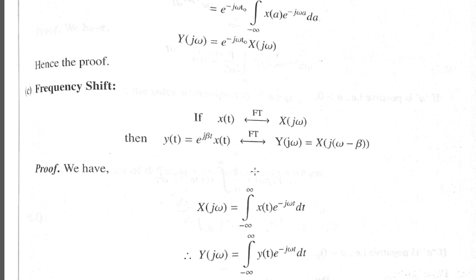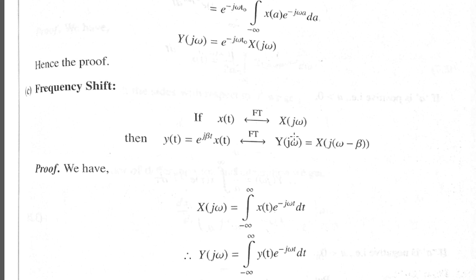So we need to remember these properties in correlation. If it is for Fourier series, we can derive the Fourier transform as well as the discrete time Fourier transform. Almost all the properties remain the same. So when y of t is equal to e raised to j beta t x of t, Y of j omega is equal to what? It has to be X of j omega minus beta in the bracket.